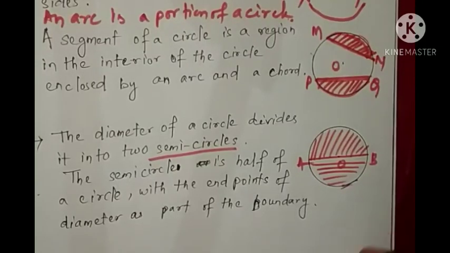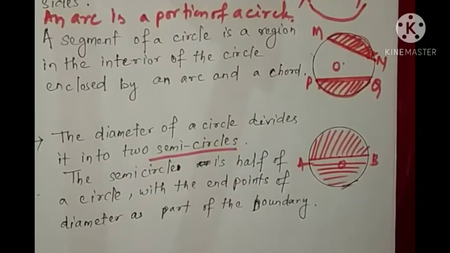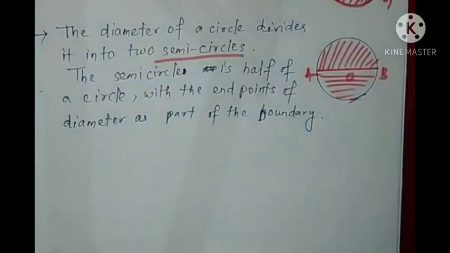So this is about today's class, and we have learnt about the different types of quadrilaterals. We have studied quadrilaterals, and here we have studied the circle. I want to tell you one thing.